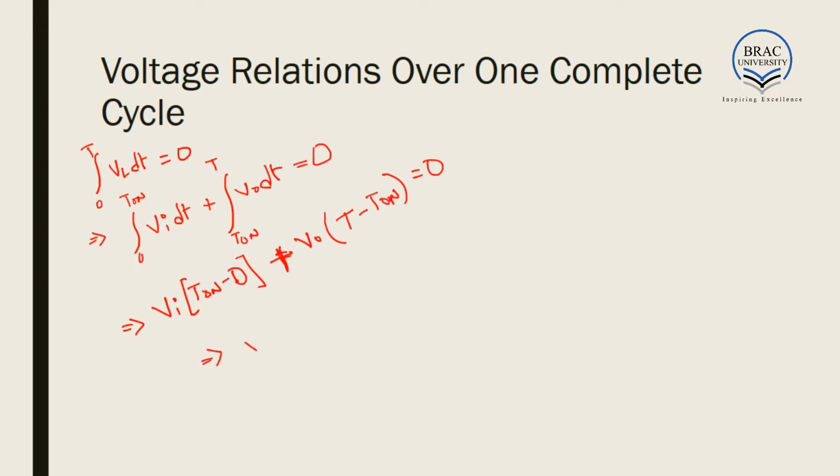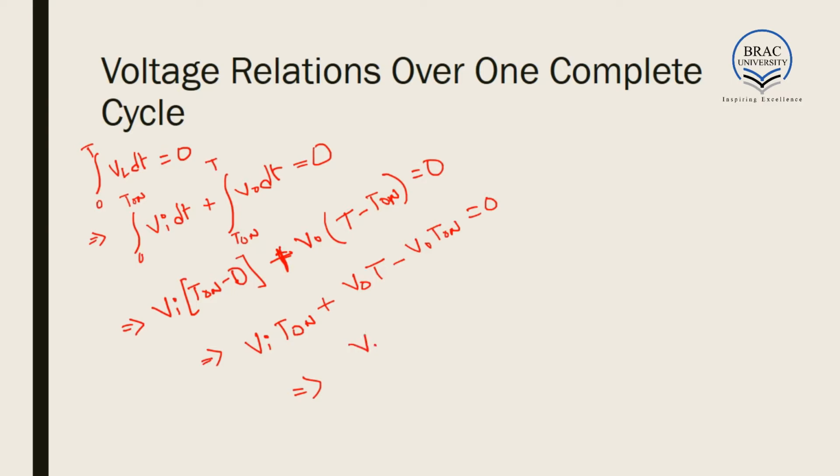From there we can write Vi T on plus V naught T minus V naught T on is equal to 0.